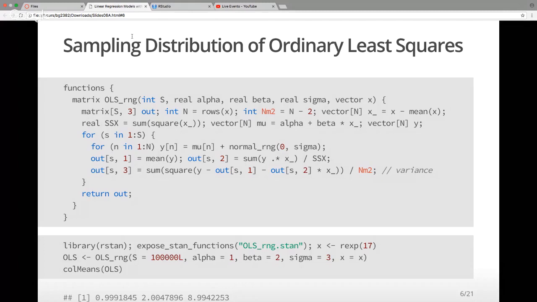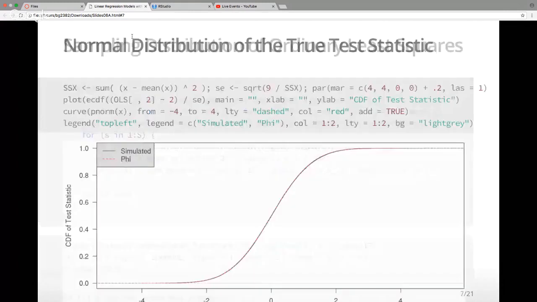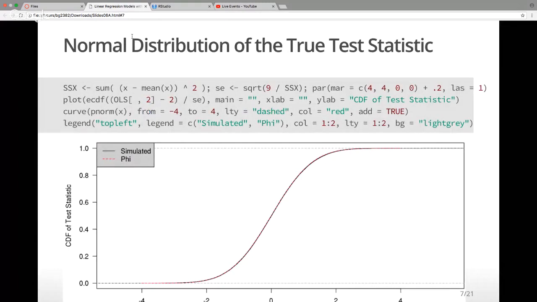But given all that, you can derive the estimator of OLS, and it is unbiased for the parameters across realizations of the data set with different values of y. So if we go to make plots of the test statistic, we'll make sum of squared x again. We'll create the true standard error, which is equal to the square root of the error variance, which is 9, divided by the sum of squared x.